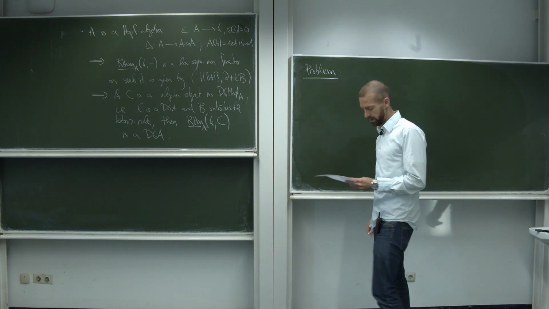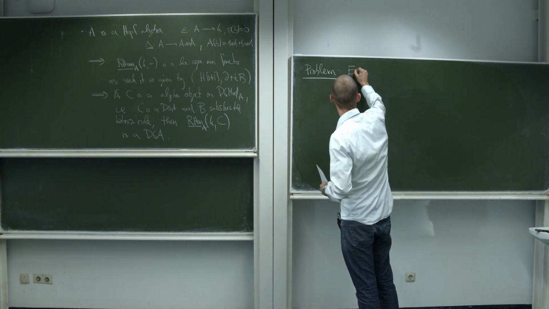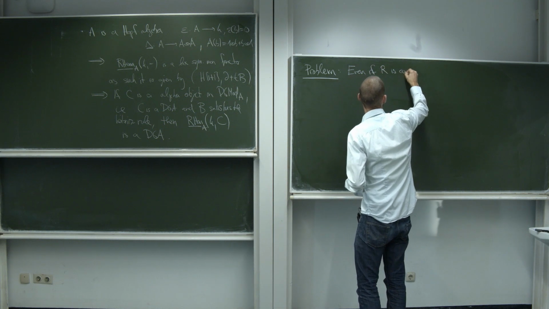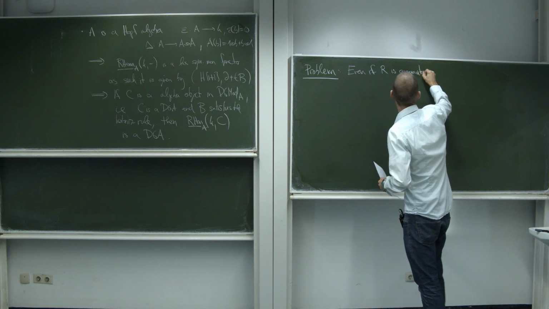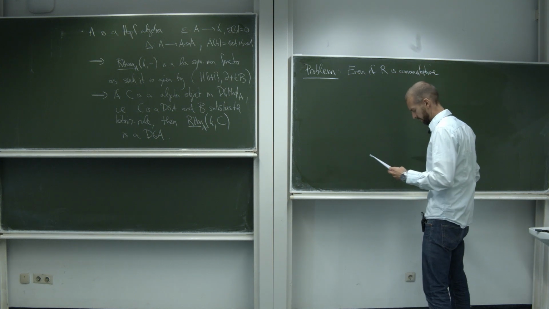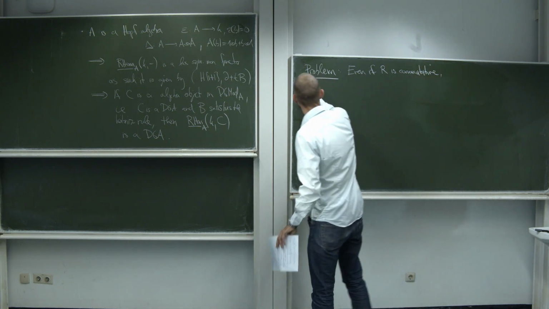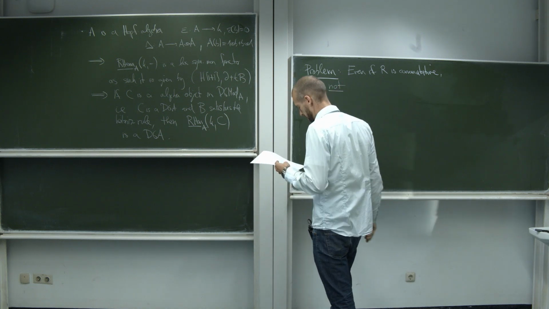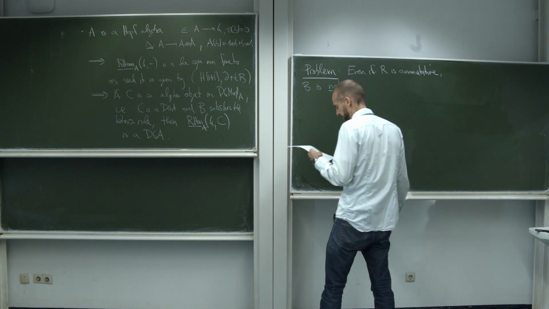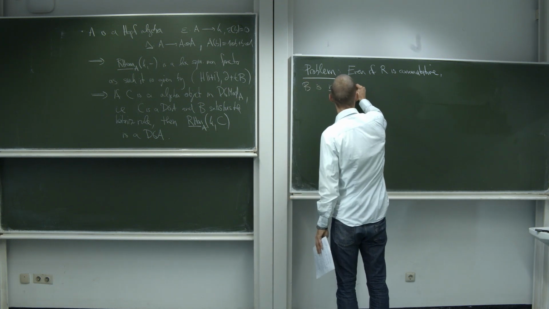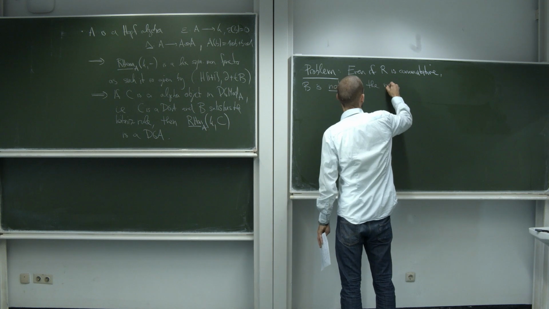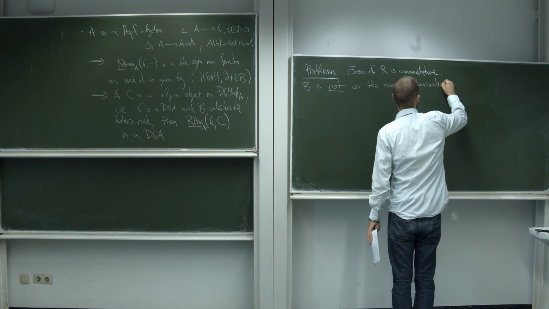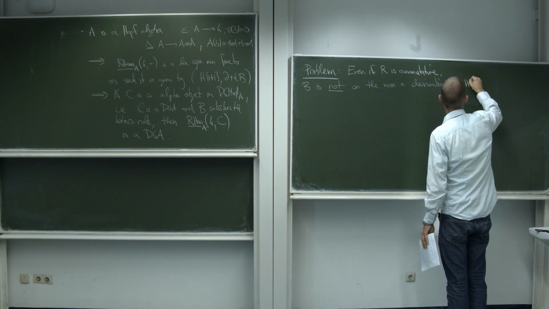Problem: even if R is commutative, then B is not, on the nose, a derivation on HH(R).